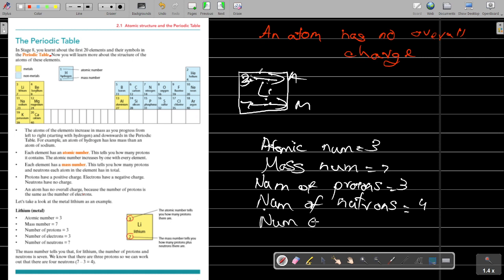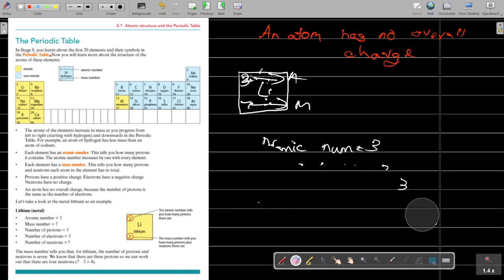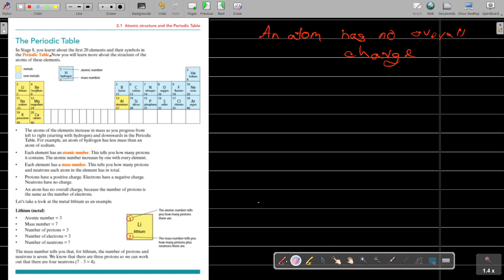Number of electrons is equal to 3. Why? Can you guess? What's the heading? An atom has no overall charge.